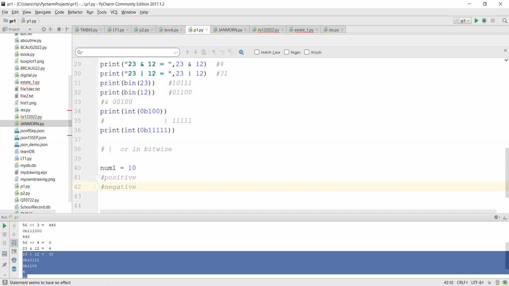This is where if is used. If is used to check the condition, and depending upon the condition, we perform certain action.